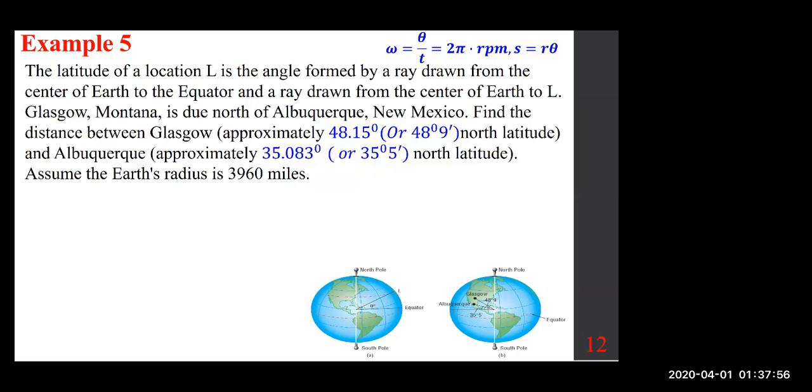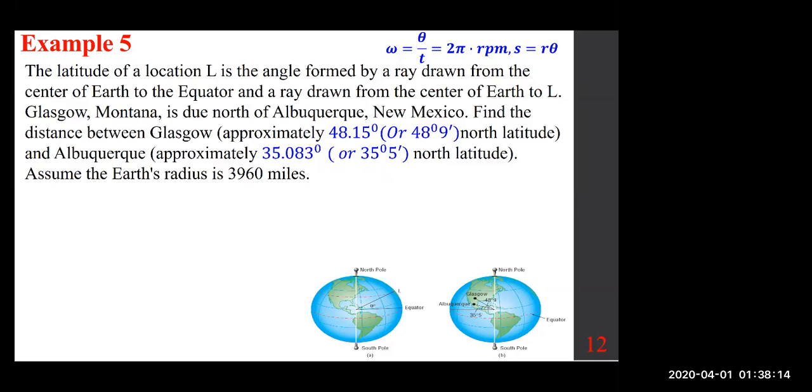Find the distance between Glasgow, approximately 48.15 or 48 degrees 9 seconds north latitude, and Albuquerque is approximately 35.083 degrees or 35 degrees 5 seconds north latitude.